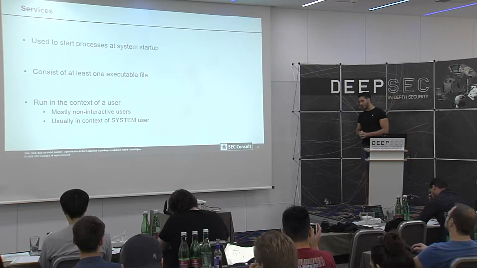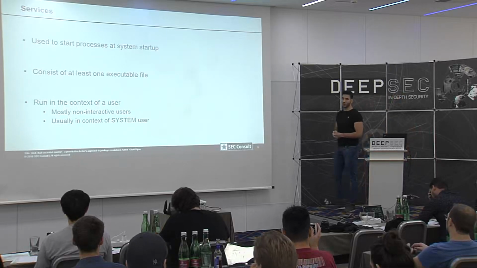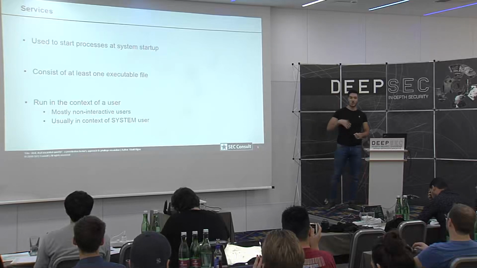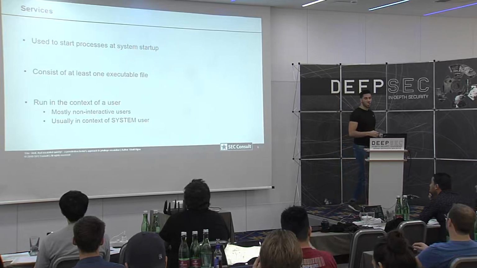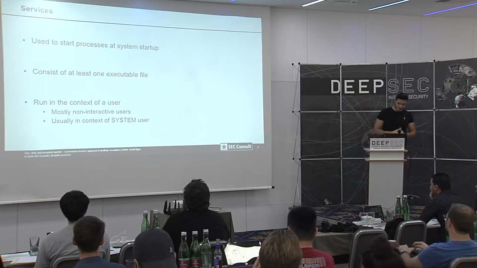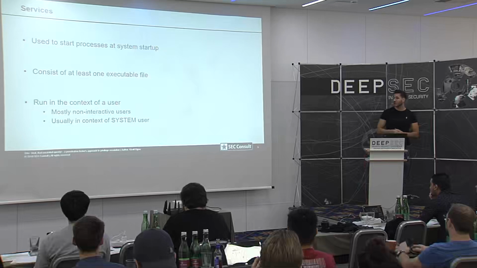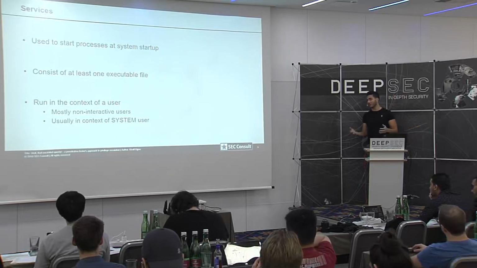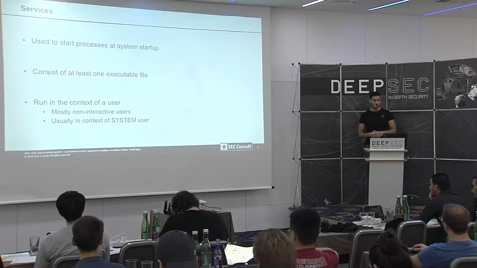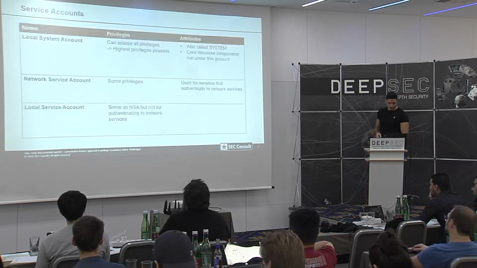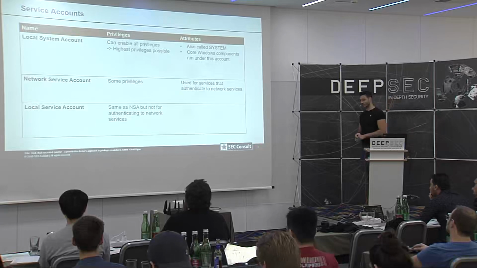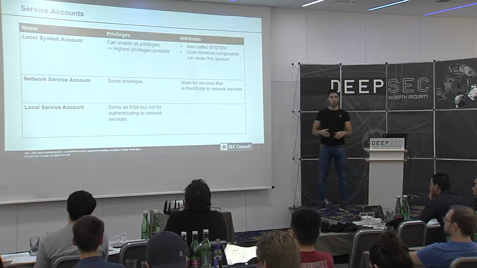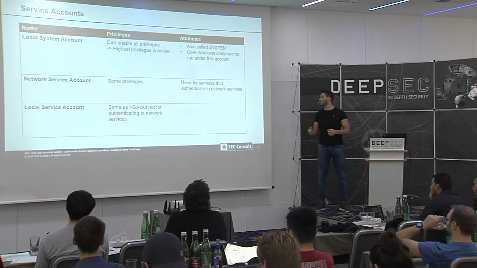Services. Services are used to start processes at system startup. So you have an executable file that then is executed under a certain user. Normally these run with system user privileges, which are the highest privileges in the system, so they are a very good target for us. What kind of service accounts does Windows contain? Well, we have the local system account, which is another name for the system user.